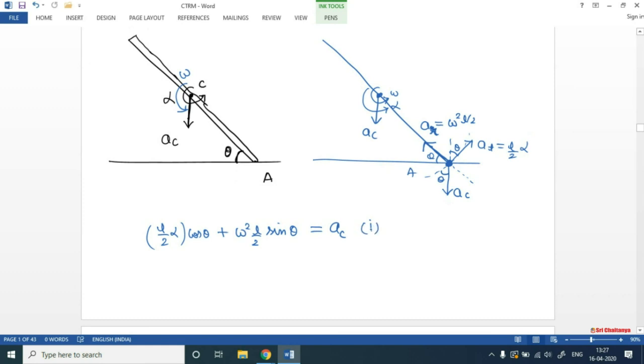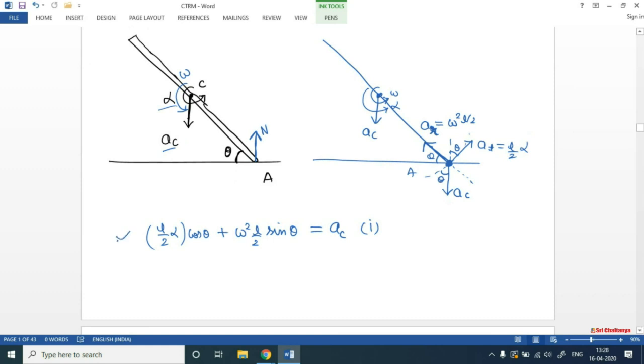And the two variables in this would be a_C and alpha, and in the dynamics of this problem one variable is this normal. So we are looking for three equations.